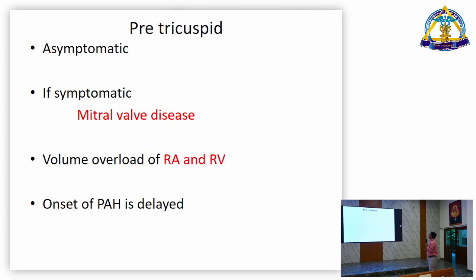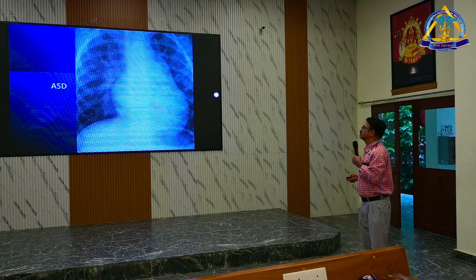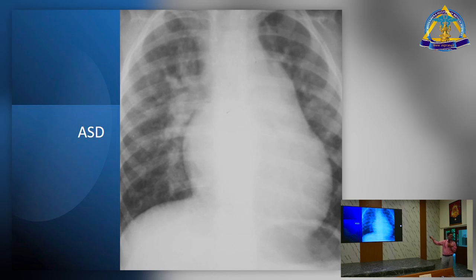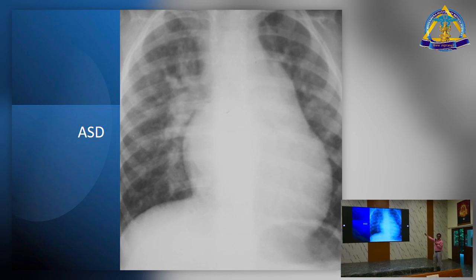Then the JVP. And for the pre-tricuspid shunt, we have already told about ASD: asymptomatic, with RV dilation. This is the shunt, and this is the picture of the ASD. The heart becomes almost a globe because the right ventricle is not dipping down, it is going up.